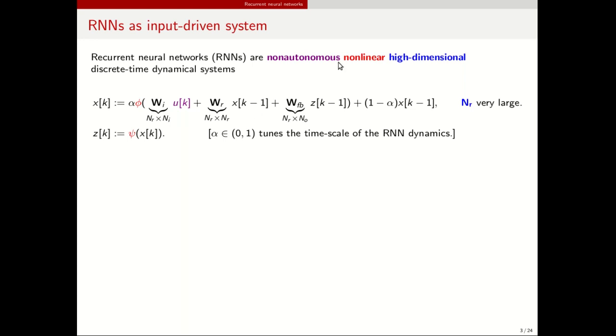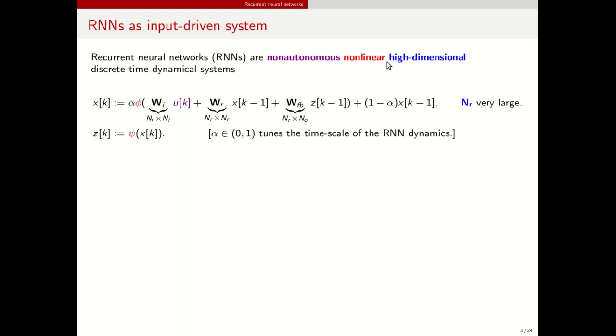So it is a non-autonomous dynamical system, because of the presence of the input signal u, which at each time step changes the equation ruling the dynamics. And it is nonlinear because of the presence of these two functions, phi and psi, the activation function and the readout function.